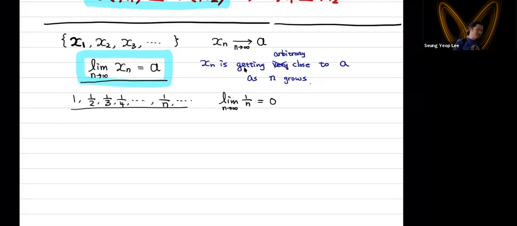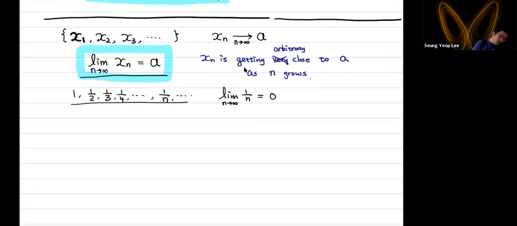That's the meaning of this. So for any small number you gave me, and this is often denoted by epsilon in mathematics. Arbitrary small number is given by epsilon. So epsilon, you gave me arbitrary small number, like 1 over billion, 1 over trillion, and then I give you n, large n.